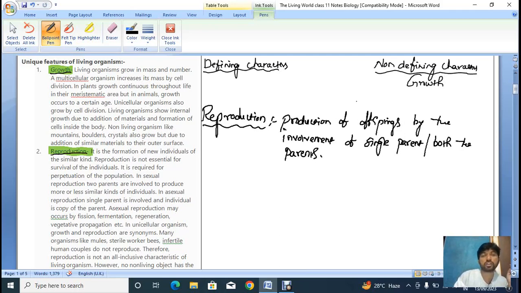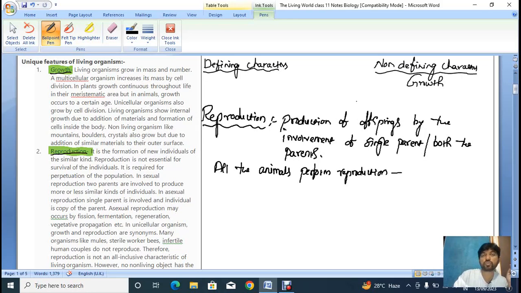Now all the animals will undergo reproduction, right? All the animals perform reproduction. Why all the animals perform reproduction?